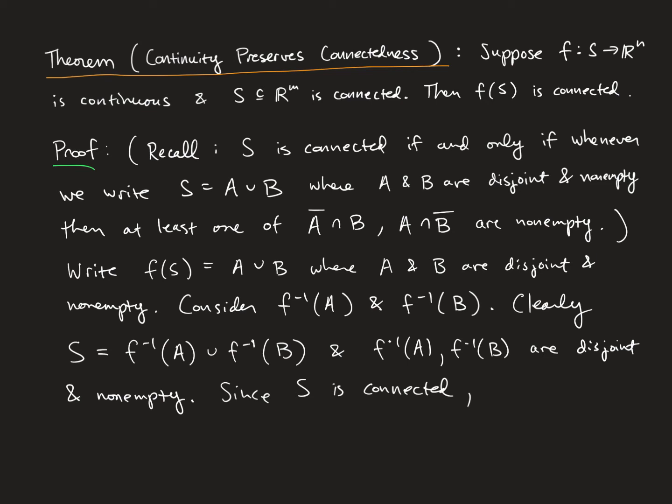then it has to be the case that the closure of this set intersects with that set. Since S is connected, F inverse of A closure intersect F inverse of B, or F inverse of A intersect F inverse of B closure, is non-empty.